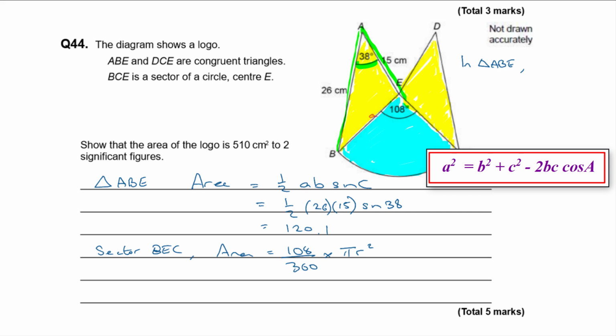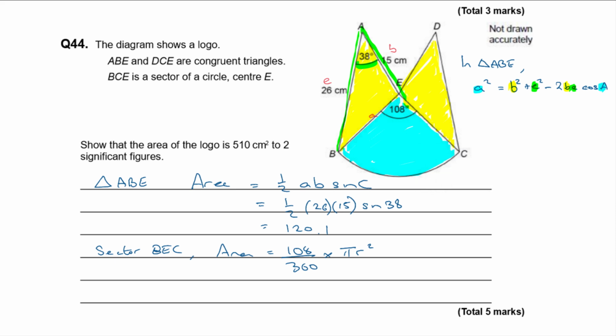If that's angle E, then this is side E, and if that's angle B, this is side B. So I've got sides A, B, and E, and I want side A. So I'm going to start with A at the front of my cosine rule. So A squared equals B squared plus E squared minus 2BE cos A. Just remembering the pattern that we talked about earlier, that B repeats, E repeats, and it starts and ends with the same letter. Okay? So yeah, that's the formula.